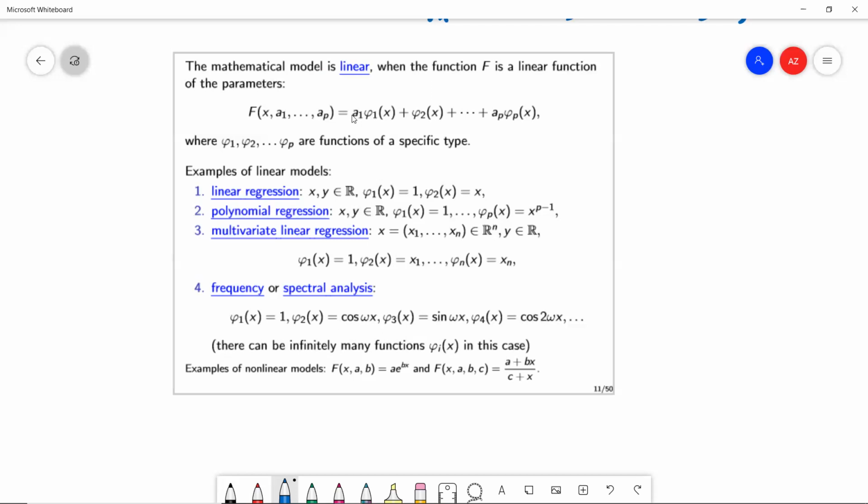We would have cosine of a1, for example. So it should be linear in a, but those phi's could be as complicated as we want. So if we think that for the specific real-life model, specific phi's will work, then we can take those phi's in our model, and still we deal with a linear model.